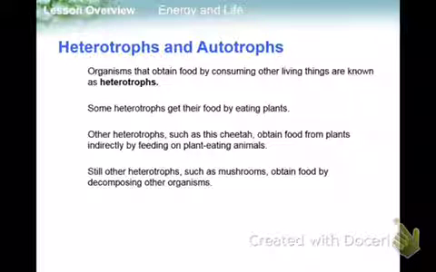We have 2 main different types of organisms. Heterotrophs obtain food by consuming other living things in order to make ATP. So heterotrophs can eat plants, they can eat animals, they can eat decomposing organisms.